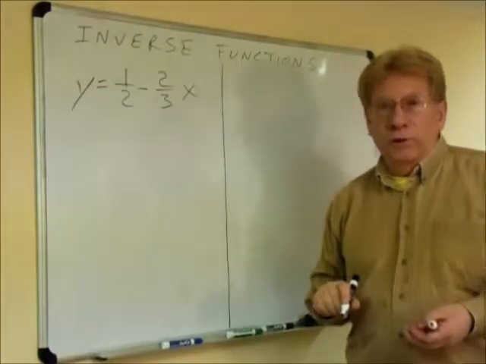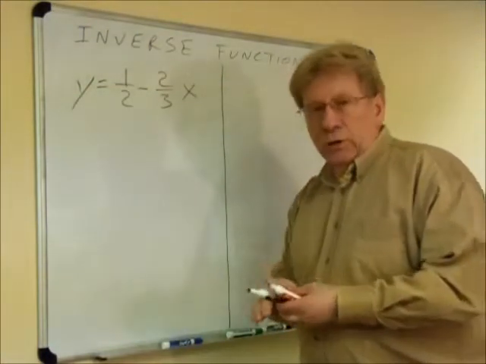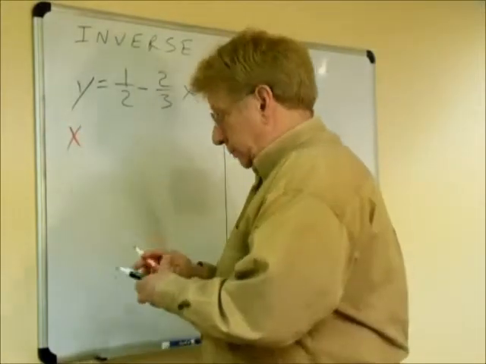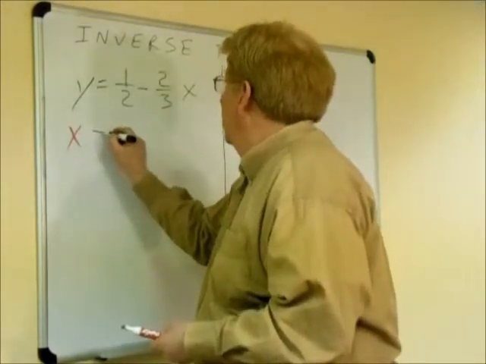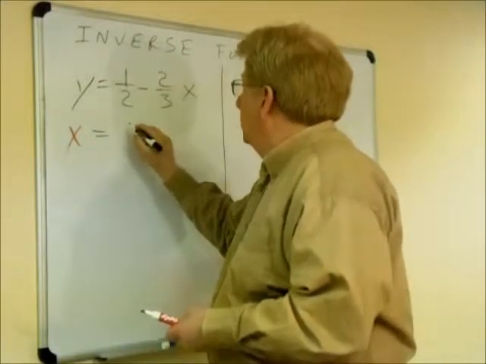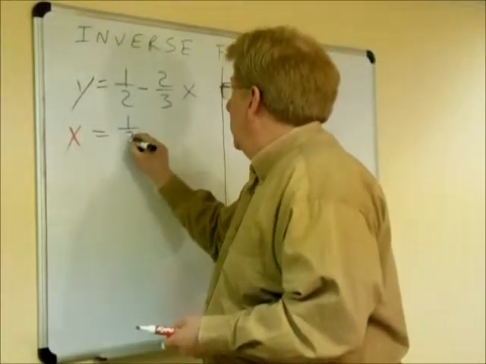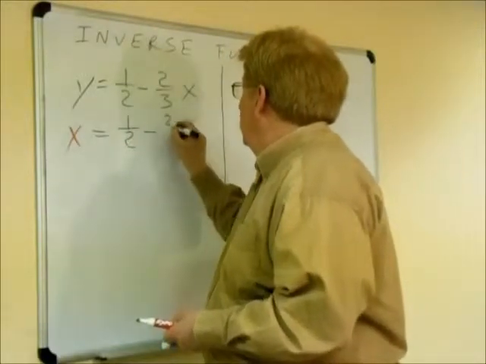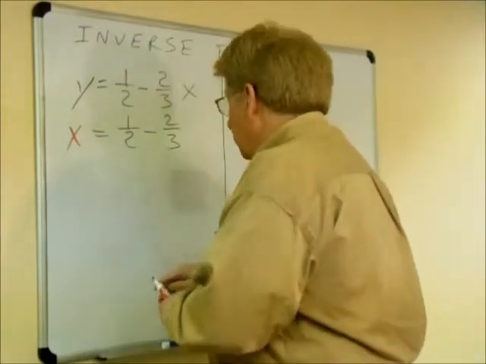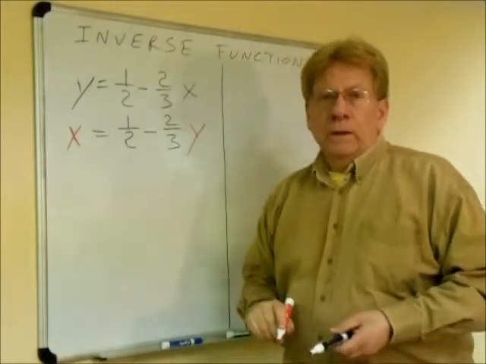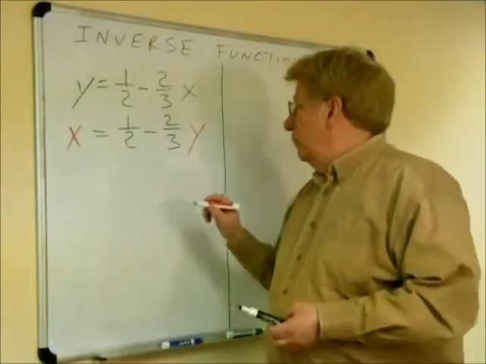This one's got a few fractions in it, but it's still the same process. So in place of y, I put an x, and I'll just move this around a little. Well, no, that's fine that way. 1/2 minus 2/3, and in place of x we'll put a y, like so. Now we need to get y by itself.